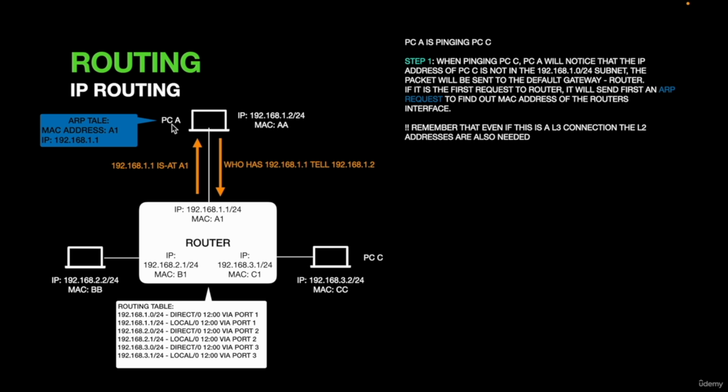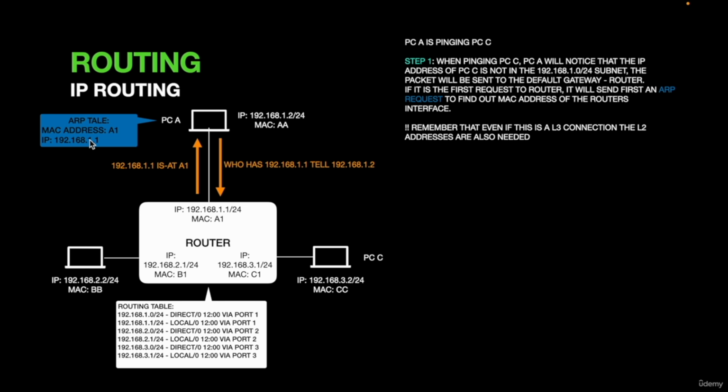We have a configuration on PCA called the default gateway, and usually you configure the default gateway, the IP address, on the router's interface where the host is connected. Let's say that if you have PCA connected into a switch, you will also configure the default gateway, the router's IP address. So PCA, as I said, will send an ARP request.